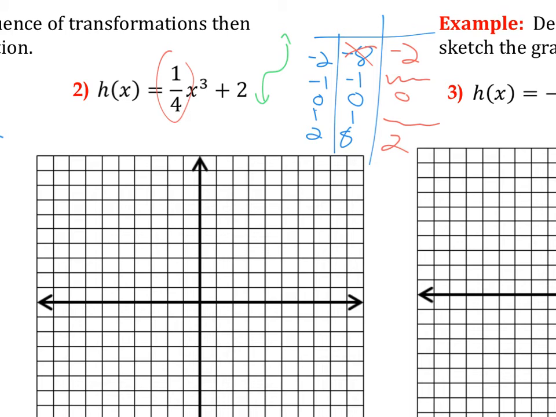All of these points are going to get shifted up 2 units. So normally, if I started my graph off at 0, 0, I'm going to take that and now shift it up 2 units. So right here is going to be where my inflection point is going to be.